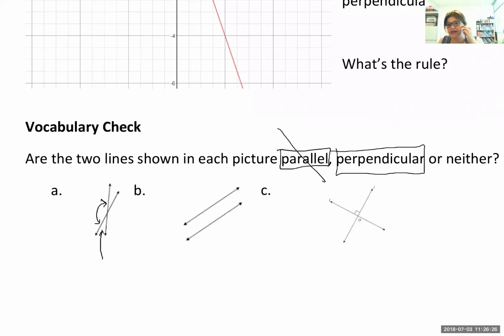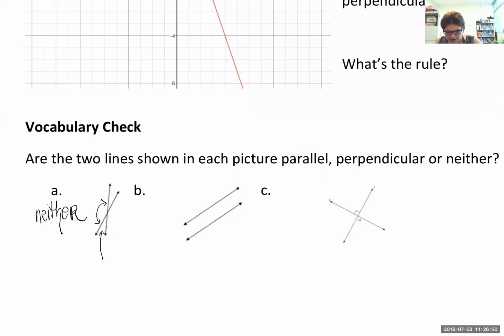It's really tiny, smaller than 90 degrees. There's no way these cross at perfect right angles. So A is neither. Even though these are intersecting lines, they are not perpendicular.